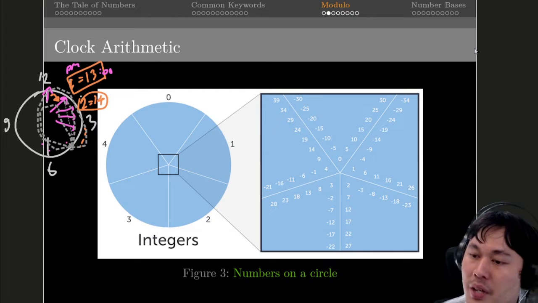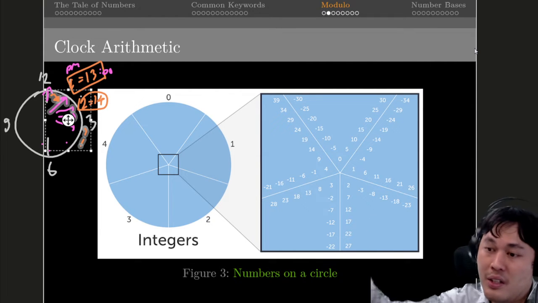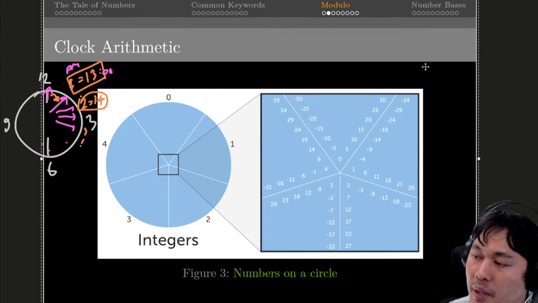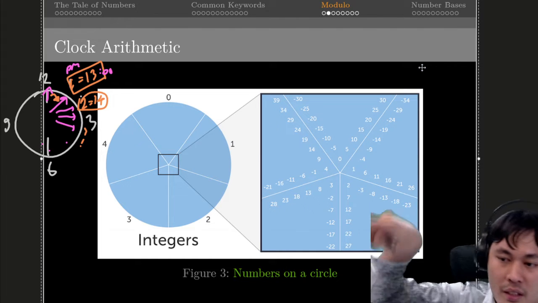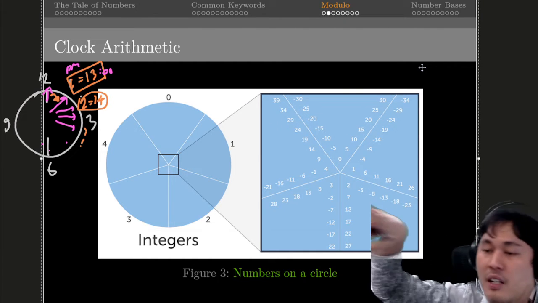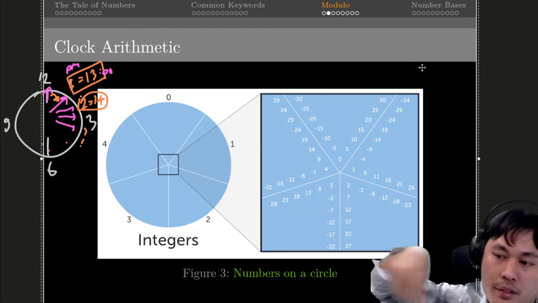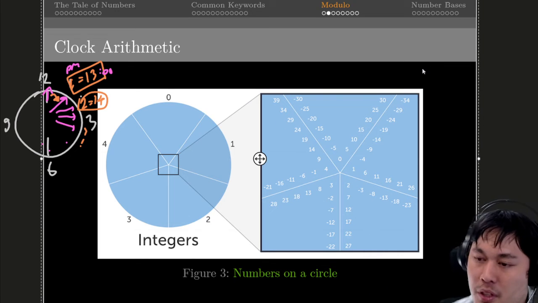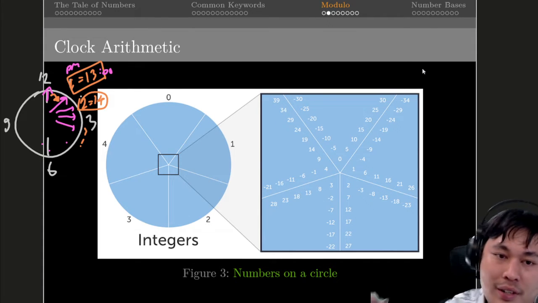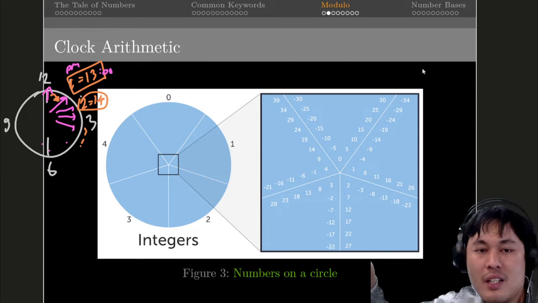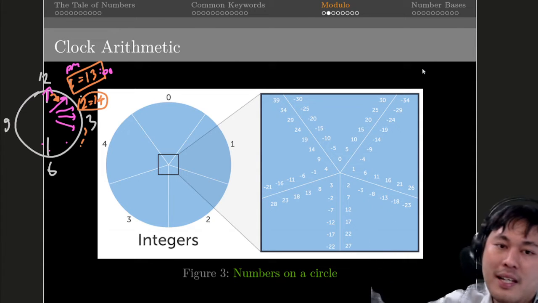Sometimes you have a clock, or you study something that happens in a cycle. It goes around a cycle and only loops through some fixed numbers. And sometimes you don't care whether it's going around the clock 2 times or 3 times. All you care about is where it finally lands.